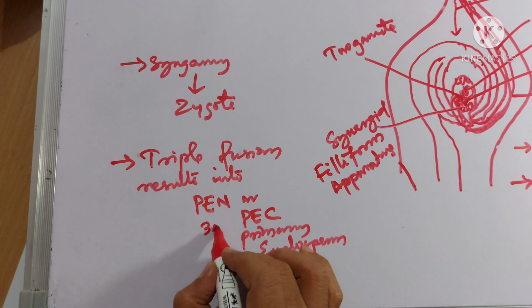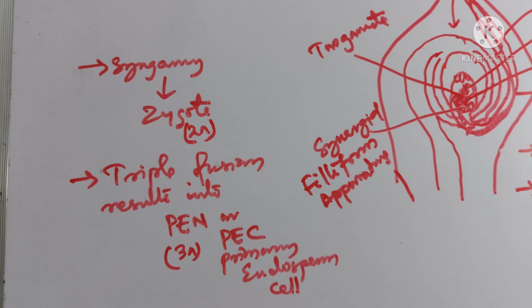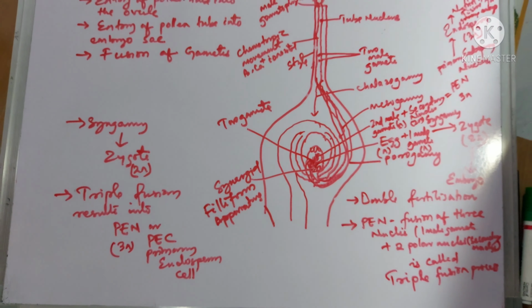PEN is 3n and zygote is 2n. So this concludes our fertilization process.